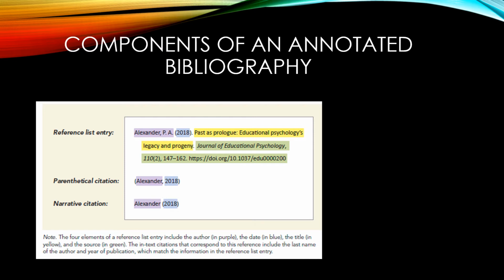The first thing you're going to do when you go to start your reference is start with the author's last name followed by a comma and the author's first initial. Now, if the author has also included their middle initial, you can include that as well.